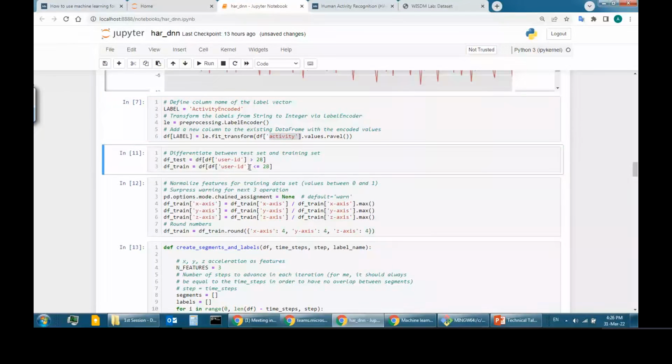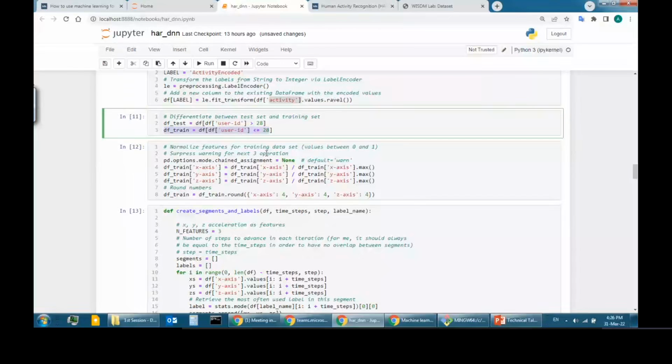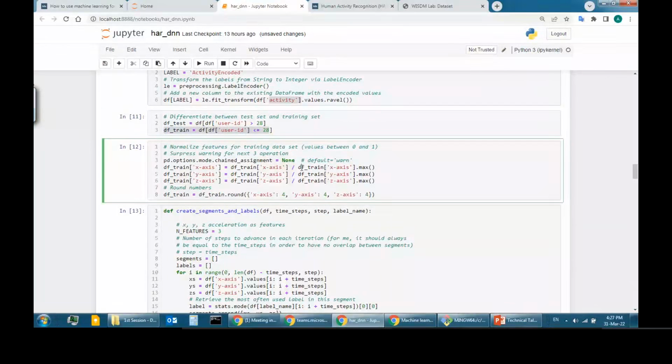So you divide it by persons. Below person number 28, you will take it for training, and the sensor readings coming from persons 28 and above, you will use for testing. And this is just to do basic normalization, moving the values into the range from 0 to 1.